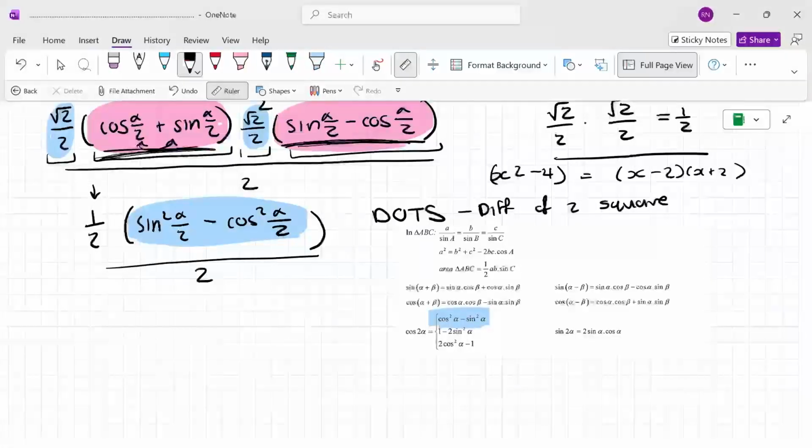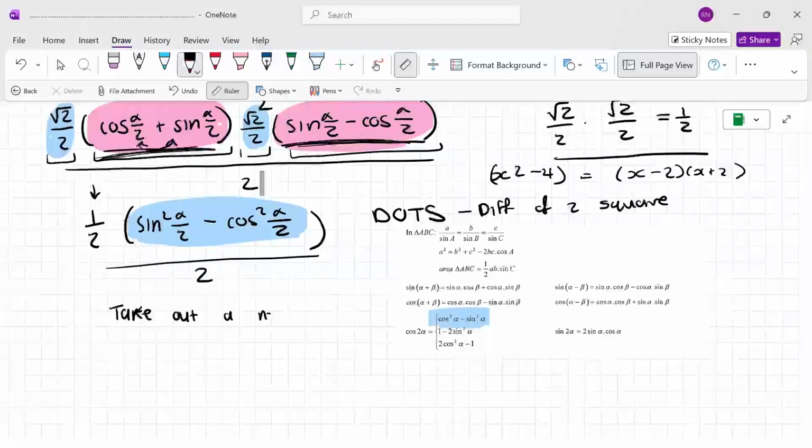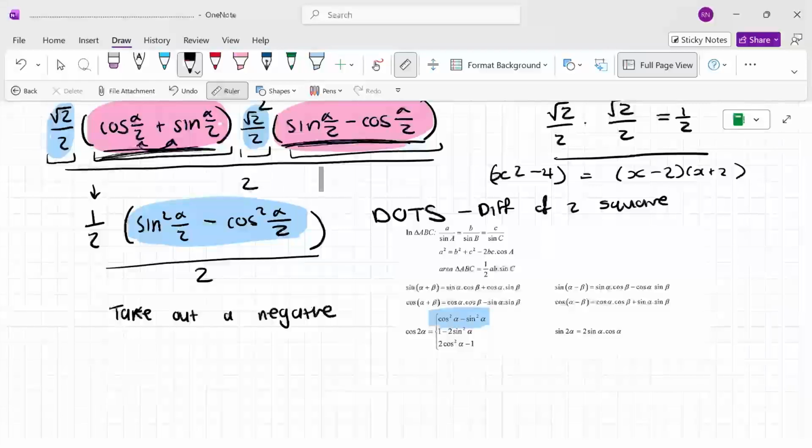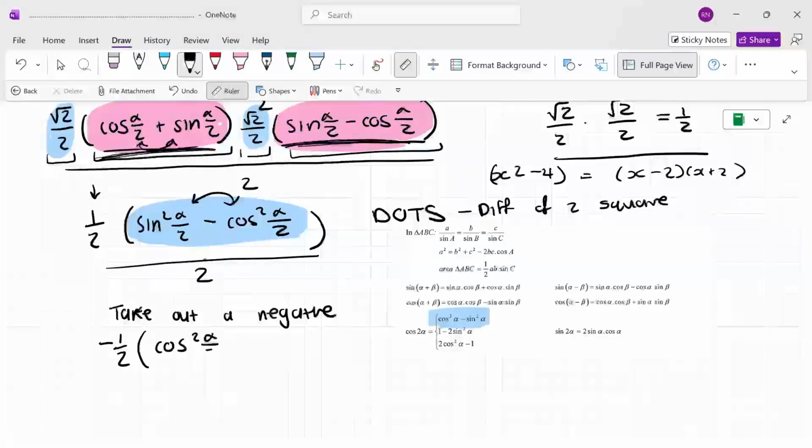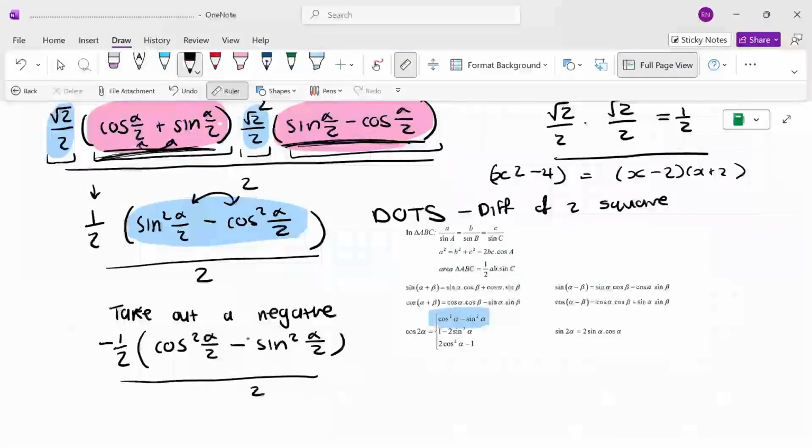So I'm going to take out a common negative, and when I take out a negative, these end up being swapped around. So now I'll have negative 1 over 2, and that'll be equal to cos squared alpha over 2 minus sine squared alpha over 2, all over 2.